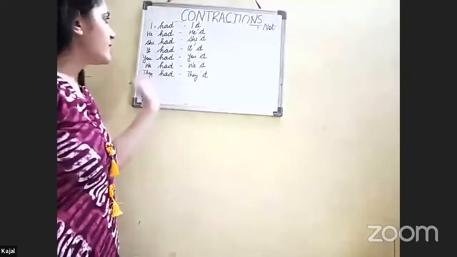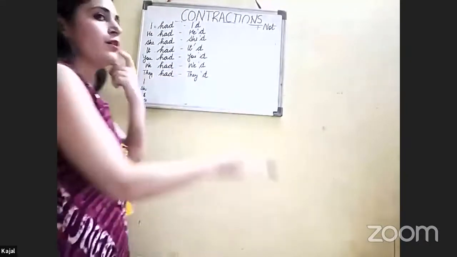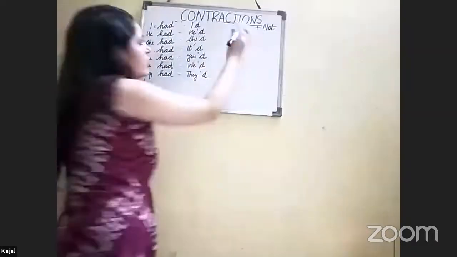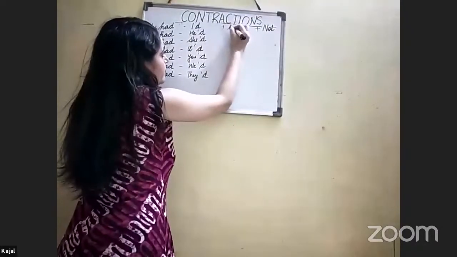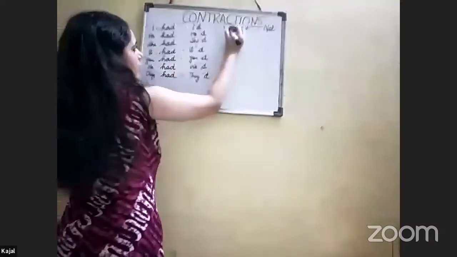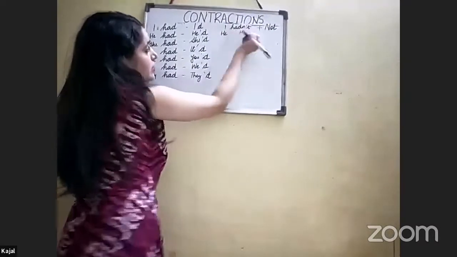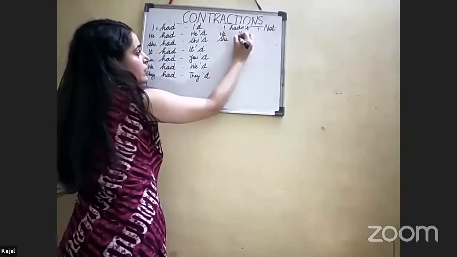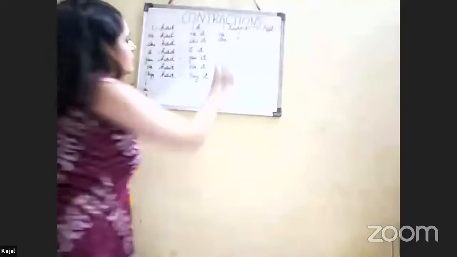Okay. Next we have the negatives. So the negatives are I had not. It will become I hadn't. He had not, he hadn't. She had not, she hadn't.